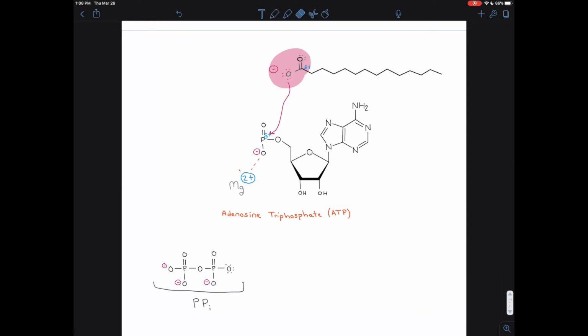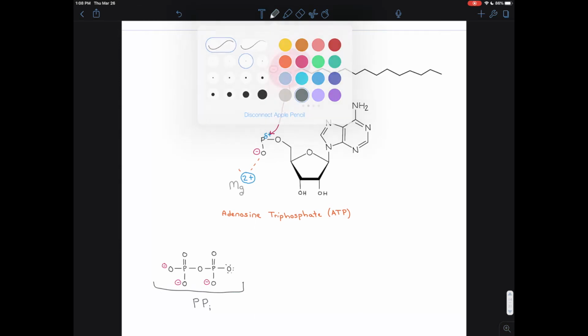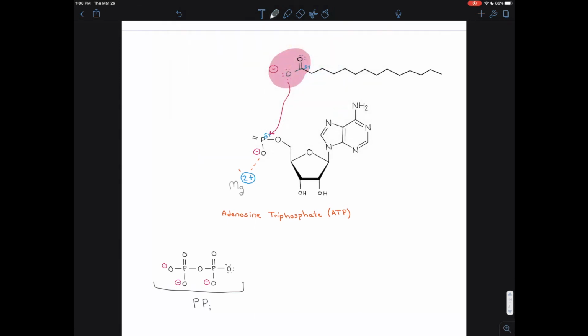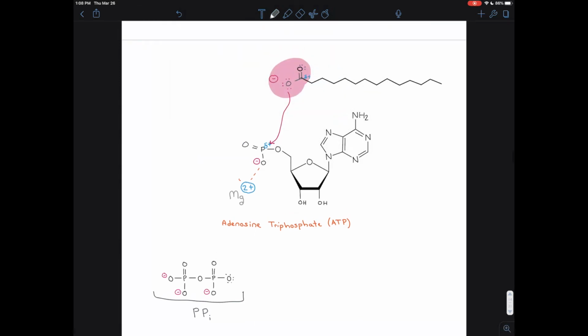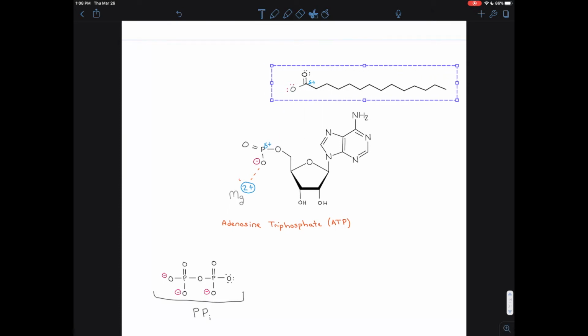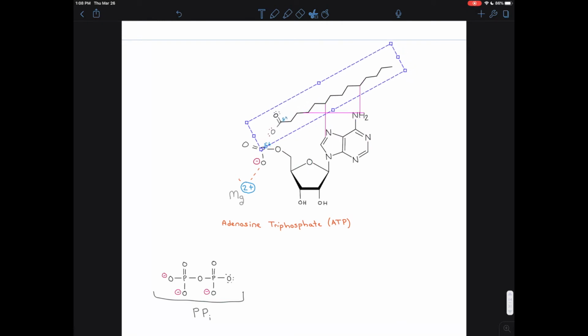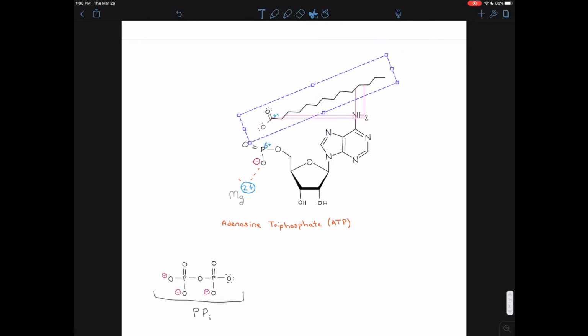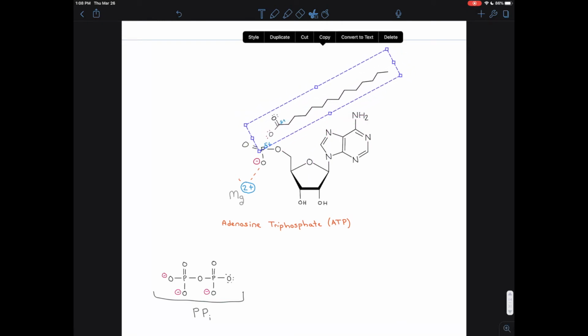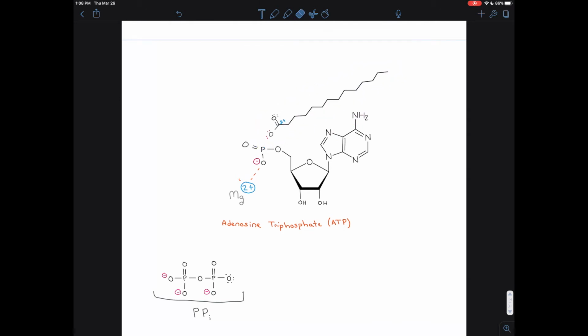At the same time, let me move this double bond over. That's still going to be there, of course. But at the same time, this fatty acid will now be connected there. So what was a lone pair will now be attached to that phosphorus.